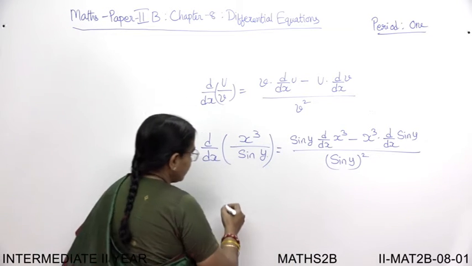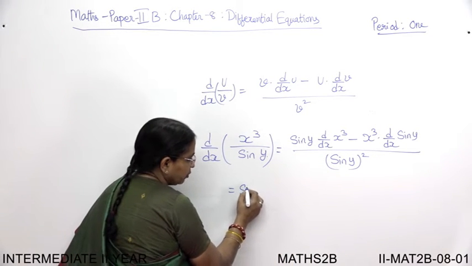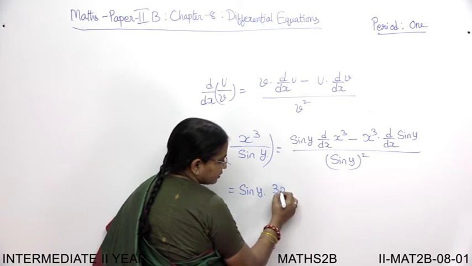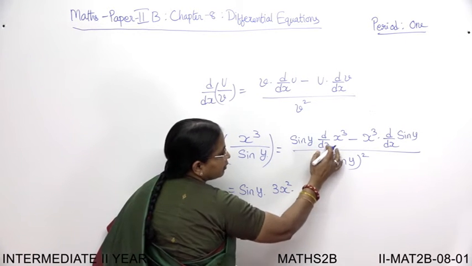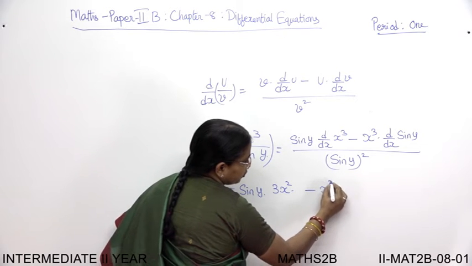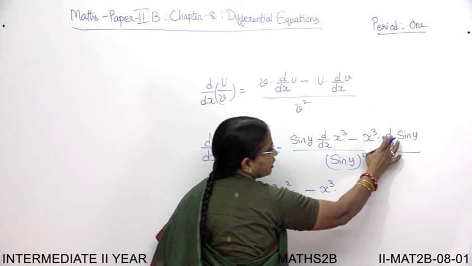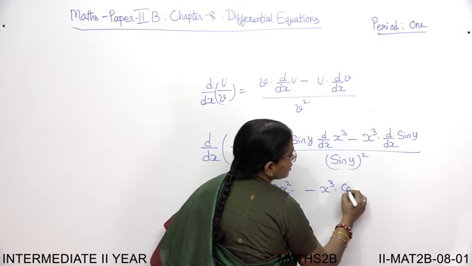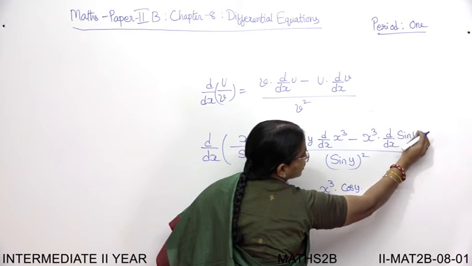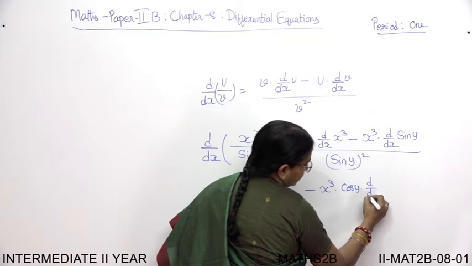Now, the derivative of x cube is 3x square into d by dx of x, that is 1, minus x cube into the derivative of sine y. The derivative of sine y is cos y into d by dx of the inner function, that is y.